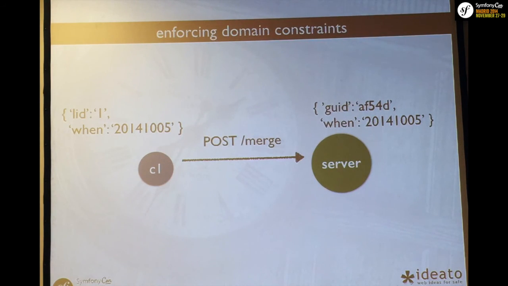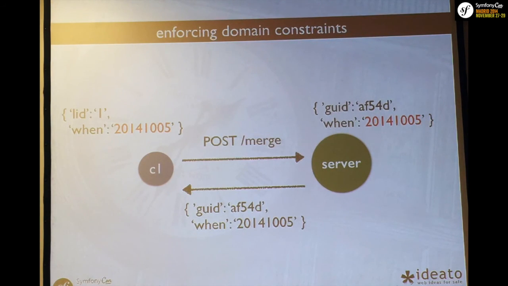Then we look for similar records, which are records that have the same value in the "when" field. In this case we find a match, so we can perform the conflict resolution logic and then give a response to the mobile client.